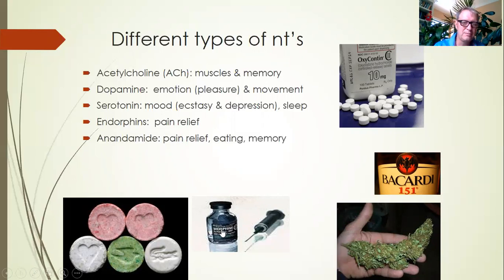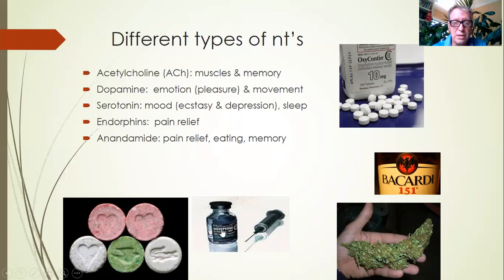A recent one that was discovered, a neurotransmitter that gets released, is called anandamide, and it's involved in pain relief, stimulates eating, and it can sometimes interfere with memory. I'm going to post a video about this particular neurotransmitter. And obviously the drug that mimics it is THC.